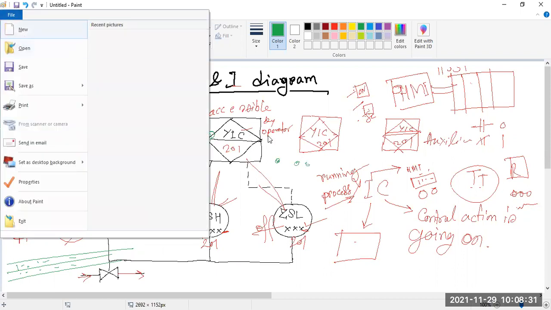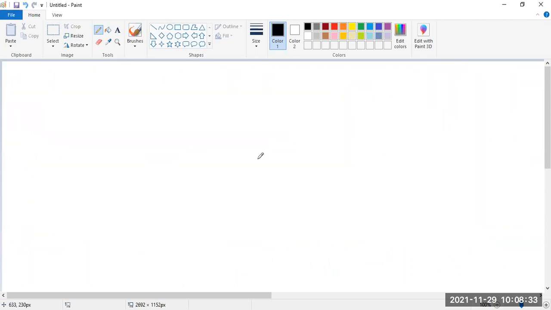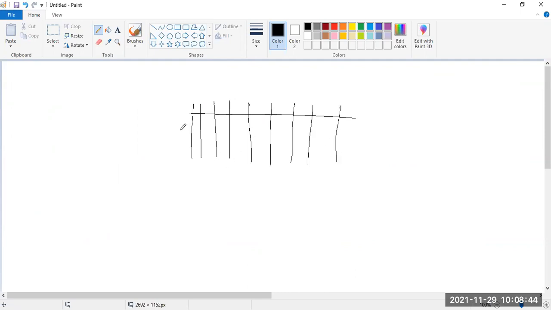I am talking about, say, cotton weaving mills. Okay, say this is your cotton, and this is your cotton.